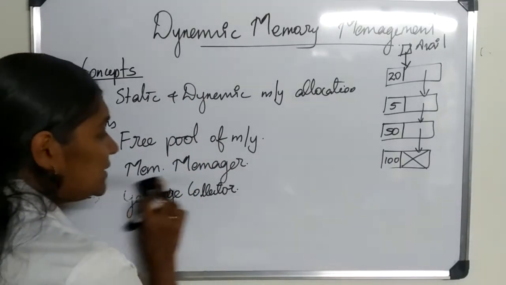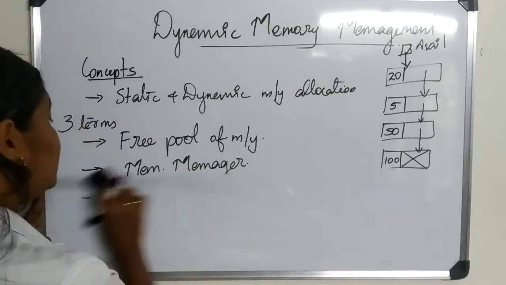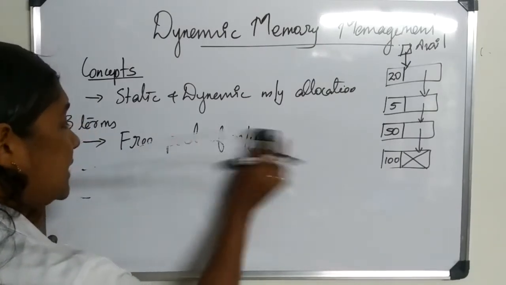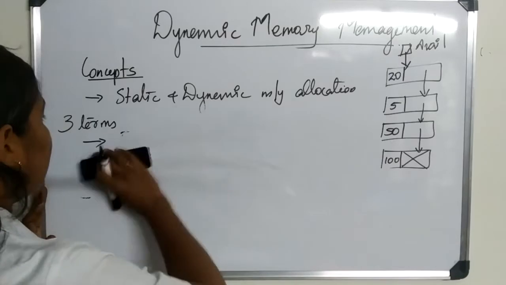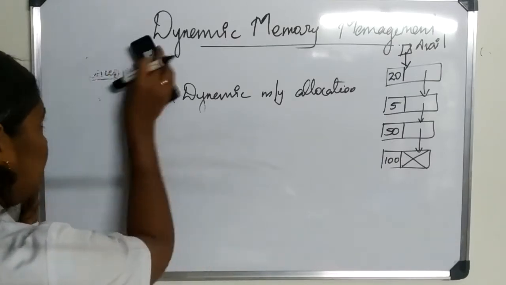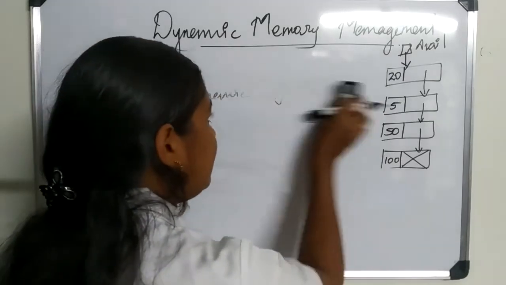So next are the allocation schemes, which are the main allocation schemes used. I already mentioned there are different allocation schemes present in dynamic memory management.